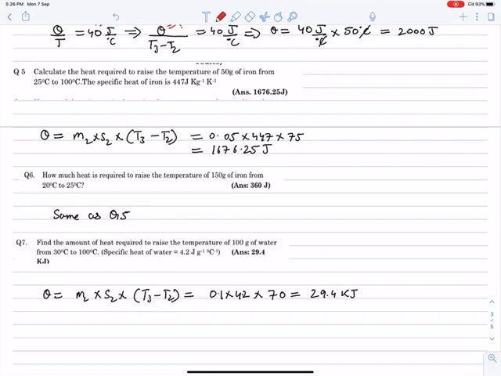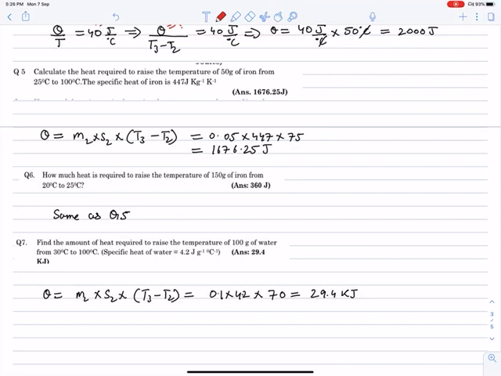Now question number 7. It asks to find the amount of heat required to raise the temperature of 100 gram of water from 30 degrees Celsius to 100 degrees Celsius. So Q is equal to M2 into S2 into T3 minus T2. M2 is 0.1, S2 is 4.2.